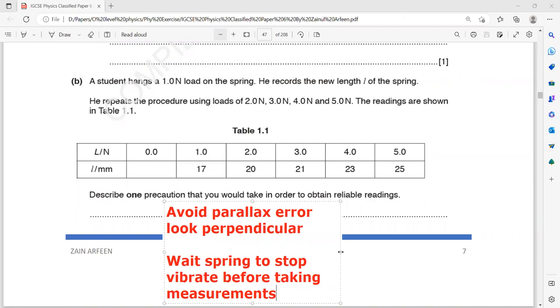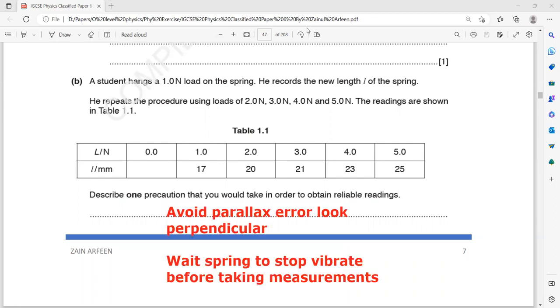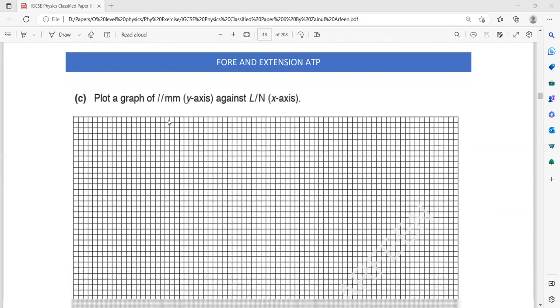So these are the two things we should do to get reliable results. In case at any point you want me to repeat, I will explain that again.